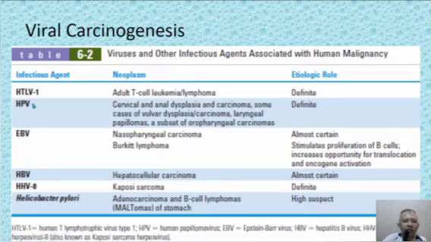These are the viruses themselves. For example, human herpes virus leads to Kaposi sarcoma. H. pylori is not a virus but a bacteria, leading to gastric CA. HPV, especially type 16 and 18, leads to cervical CA.